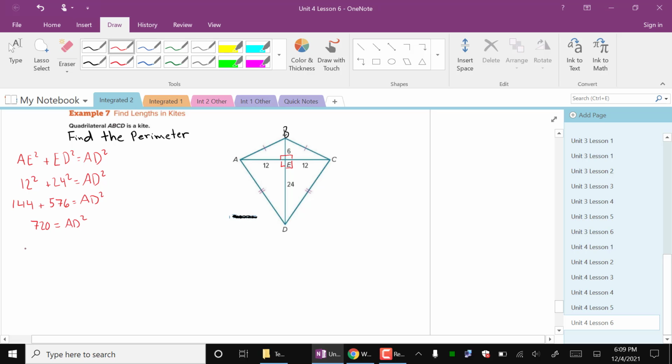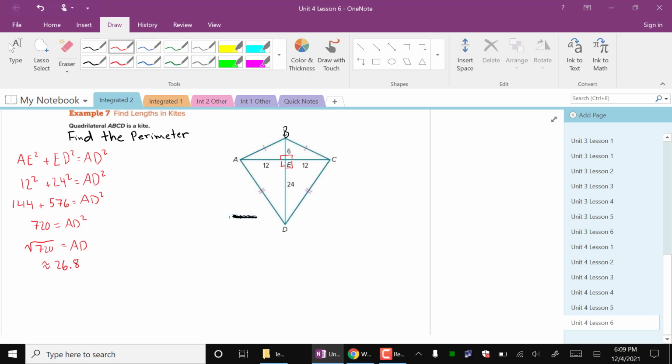Take the square root of both sides, so I get the square root of 720. And the square root of AD squared is just AD. This isn't a perfect square, so I'm going to type this into my calculator, and I get about 26.8. All right, so we've found AD.